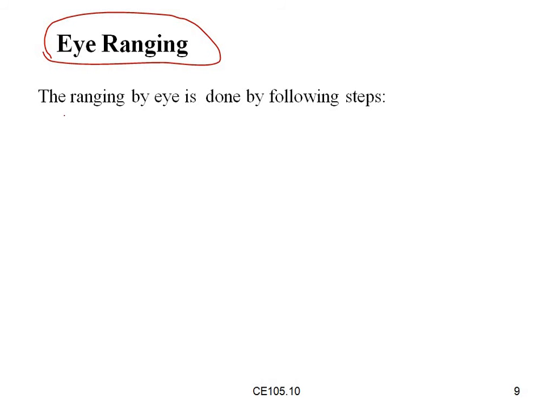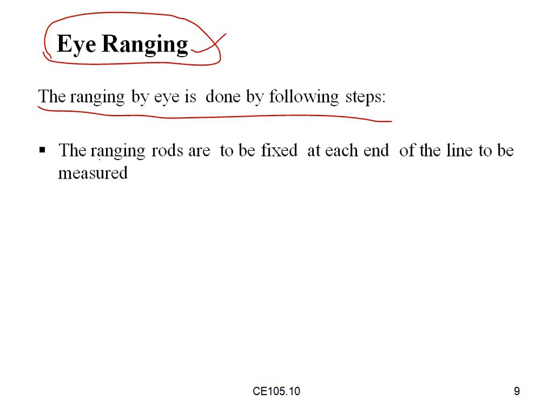So what is eye ranging? The ranging by eye is done by the following steps. Actually, eye ranging is ranging with our eye, that means bisecting. We see the object with our naked eye. That is called eye ranging. So the following steps are there. First, the ranging rods are to be fixed at each end of the line to be measured.